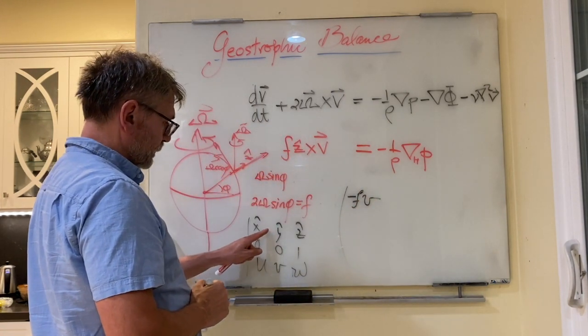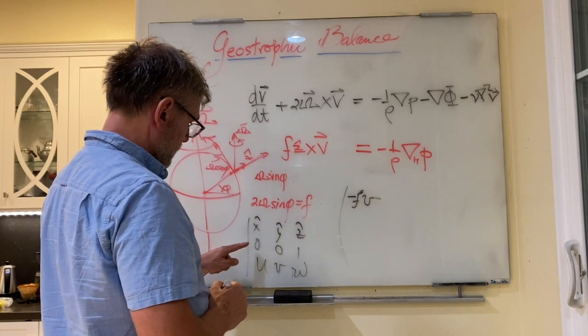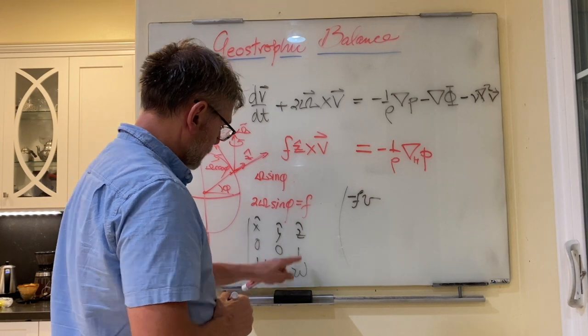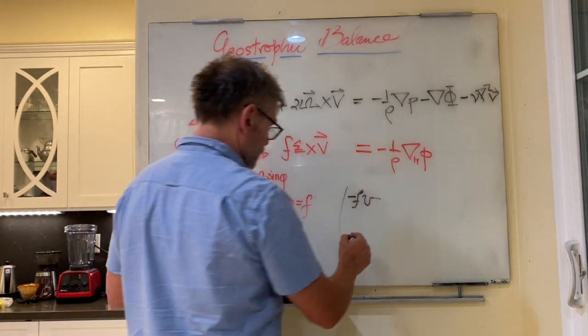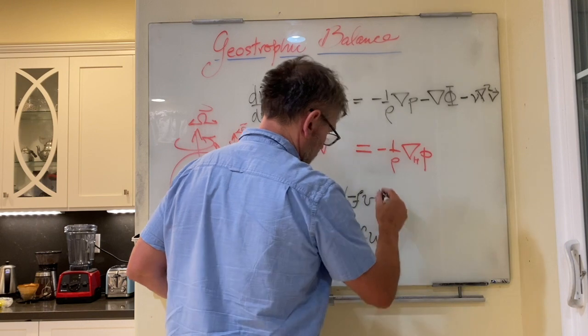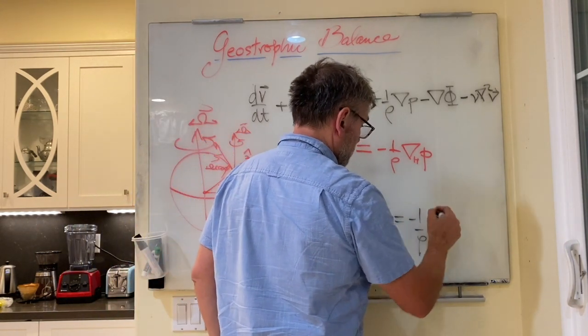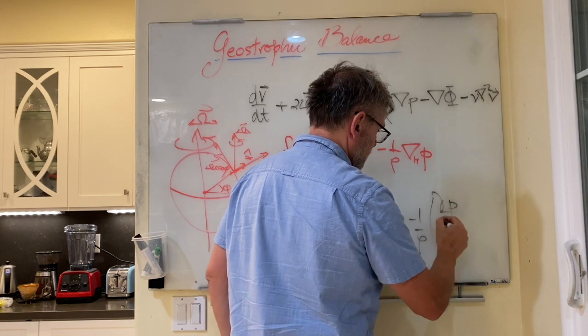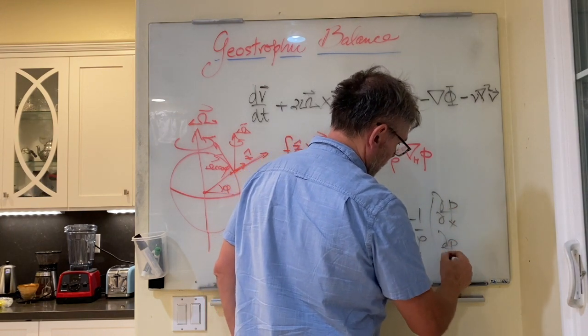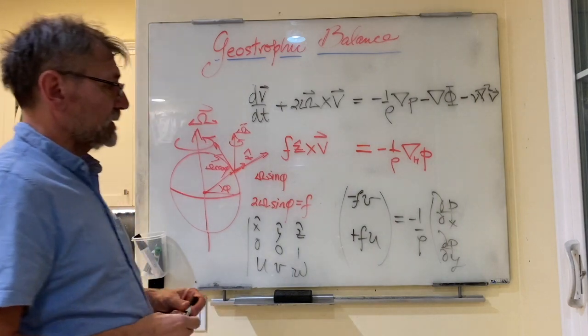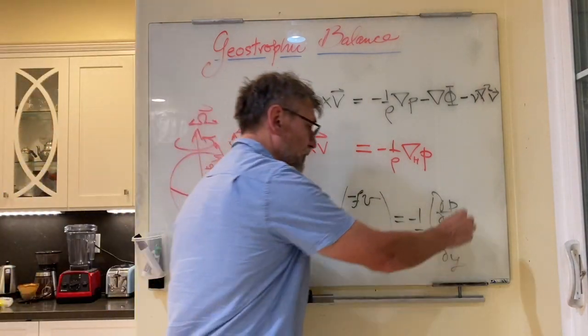And then the y component will be 0 minus u minus, so this will be plus f u. And this side is equal to minus 1 over rho dp/dx and dp/dy. All right, so this is what we call the geostrophic balance.